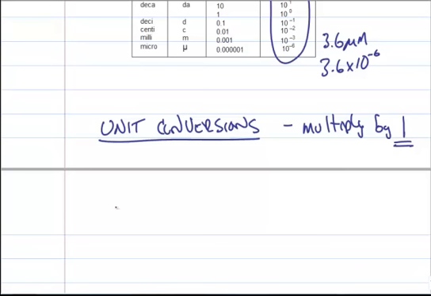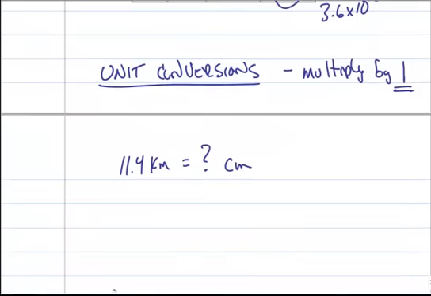So if I want to go from kilometers, how many centimeters are in 11.4 kilometers? Well, let's see, 11.4 kilometers, and I'm going to multiply by 1, and I'm going to have a fraction here with kilometers on the bottom and meters on the top, and I need the top to be basically the same value as the bottom.